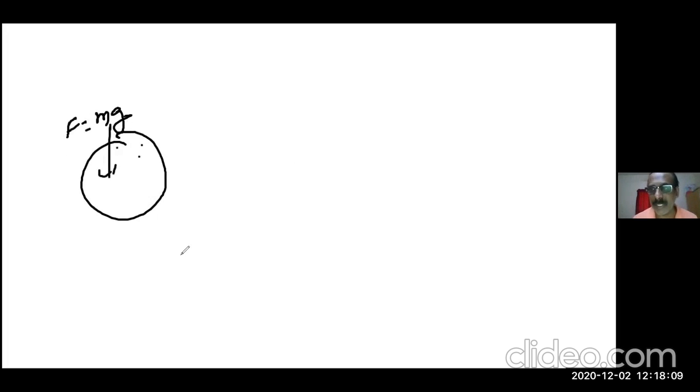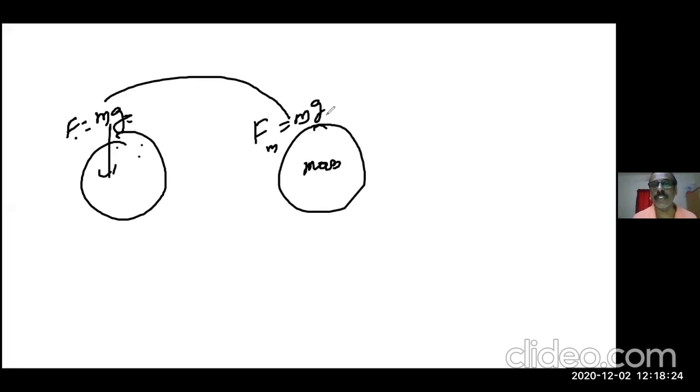See. First of all, understand, suppose this is Earth. On the surface of the Earth, weight of the body is mg, right? Force acting on a body towards the Earth is known as mg. Same body, if you take it on the surface of the moon, force will decrease, right? m remains same, but g will change, isn't it? g of the moon will come.